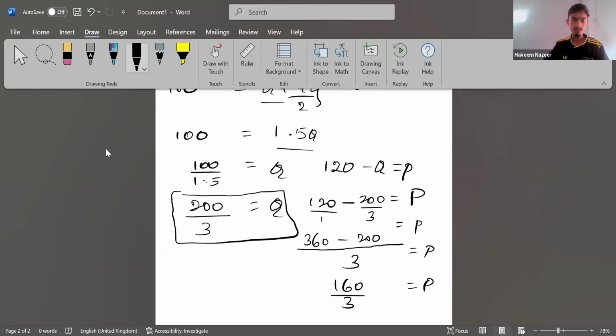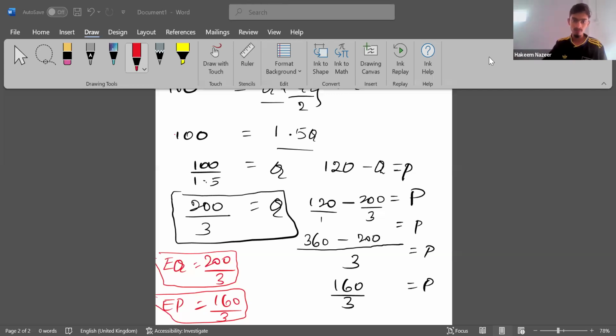The equilibrium quantity is 200 over 3 and the equilibrium price is 160 over 3. Don't need to make decimals or simplify even more, right? That's enough. From this, we need to identify the consumer surplus. This is the main question: identify the consumer surplus and the producer surplus.